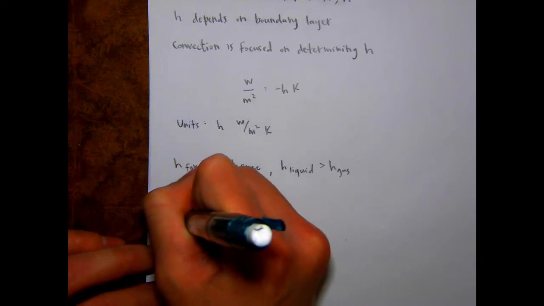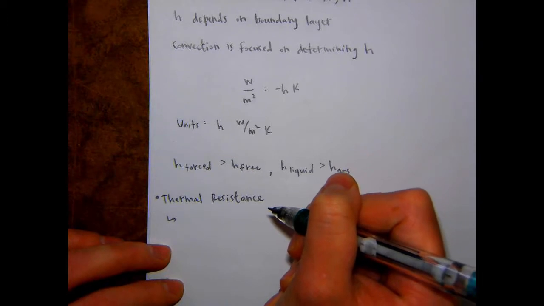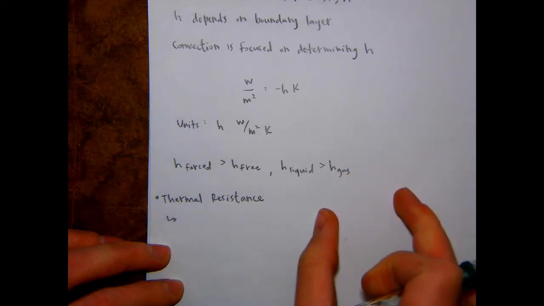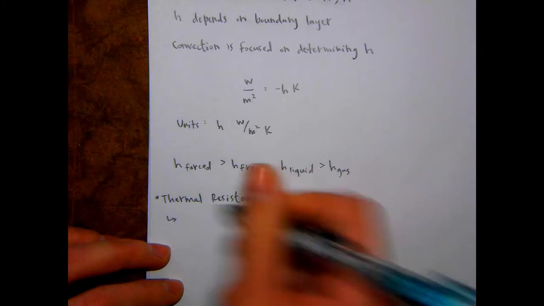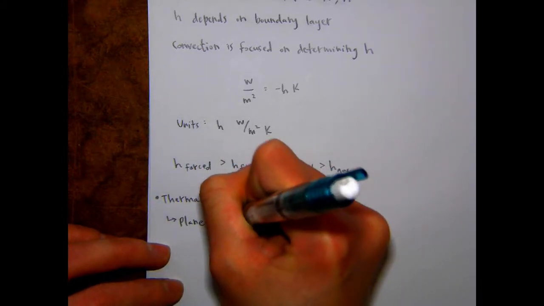So a couple of days ago, we wrote down the heat diffusion equation for a plane wall with both surfaces held at known temperatures. And for that, we got a temperature distribution.